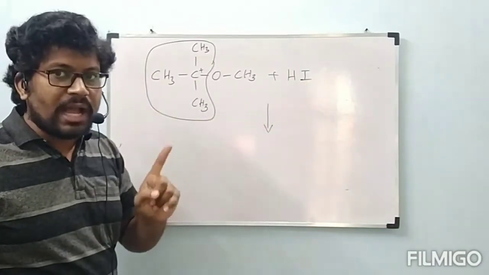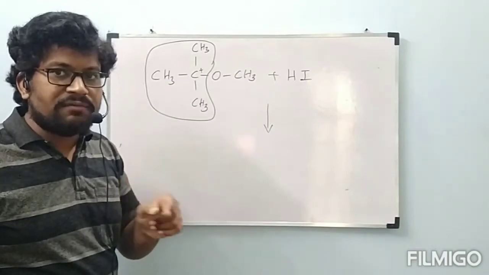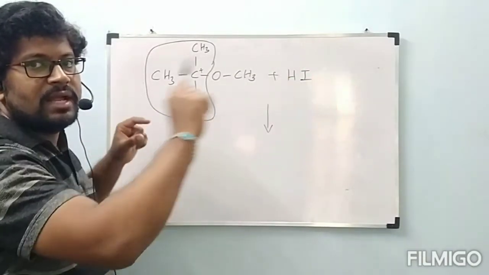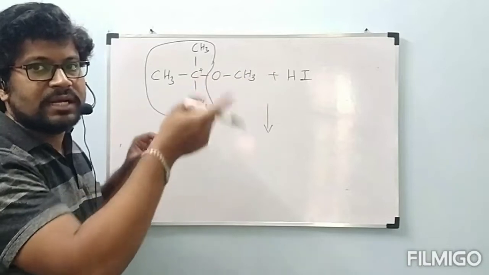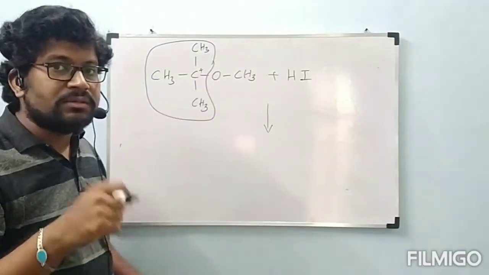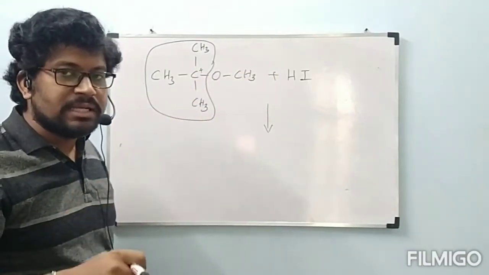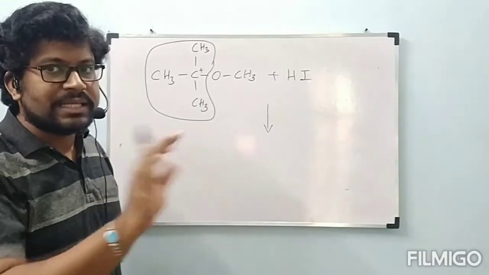What I told previously is implemented only for straight chains. When we have straight chain alkyl groups on the left and right side, the alkyl group with fewer carbons is bonded with iodine. Keep that aside.